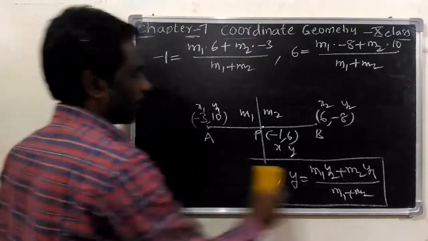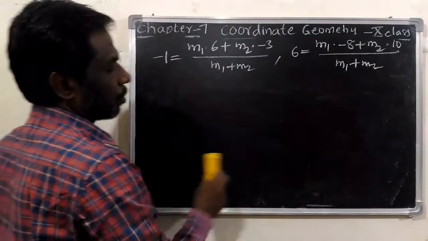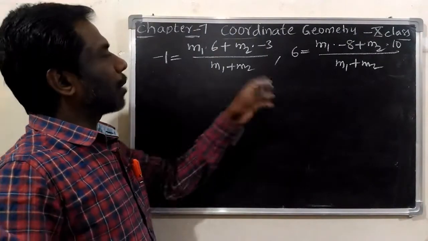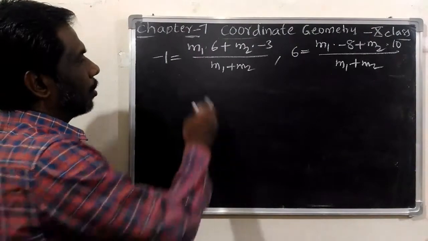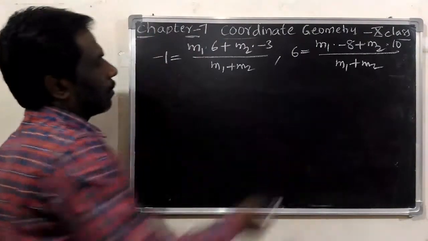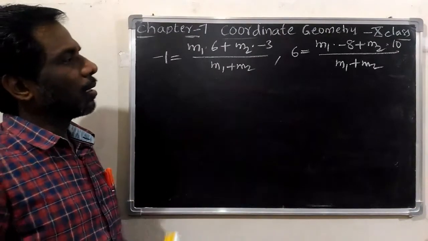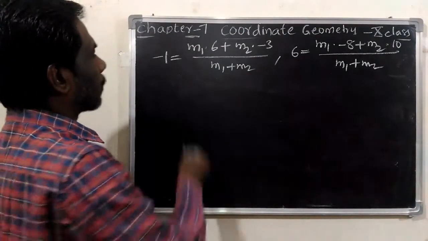So after we substitute the m1, m2 and the x1, y1, x2, y2 and the x, y values in the formula, we want to simplify it. In these two we can simplify any one to get the answer. So now I am substituting the first one.